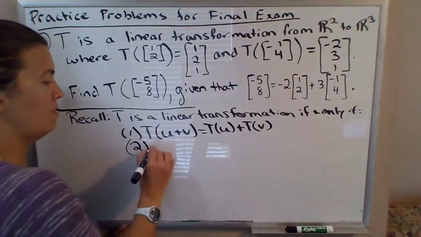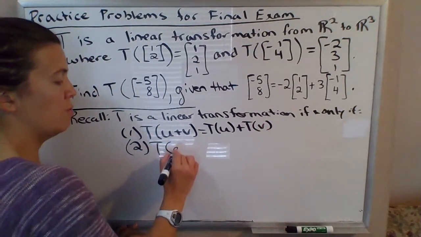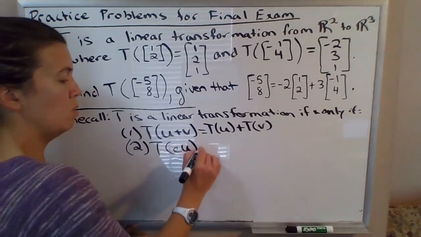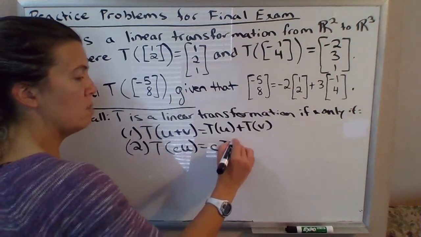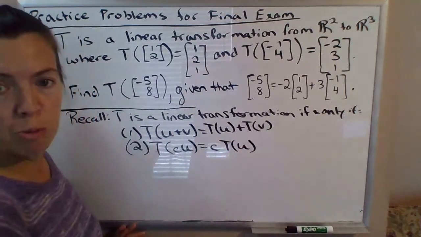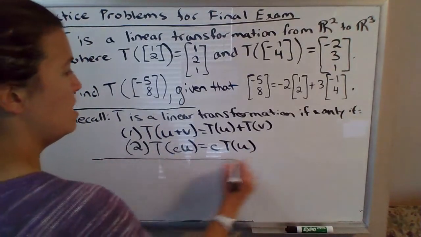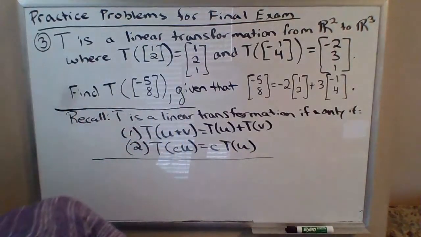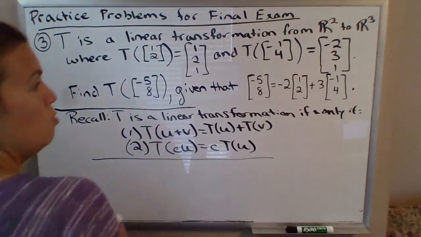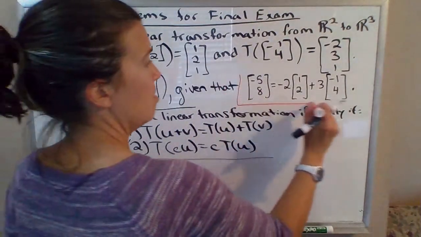And T of some scalar c times u is equal to c times T of u. We can pull out scalar multiples in a linear transformation. So the idea here is to use this equation.